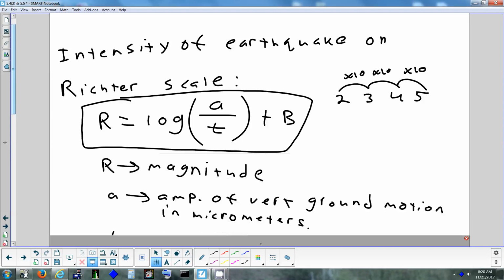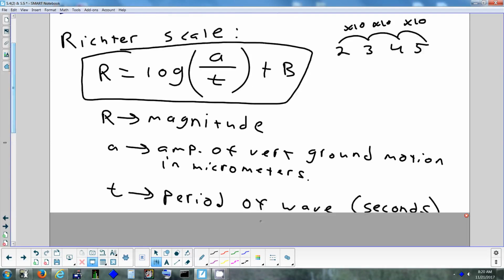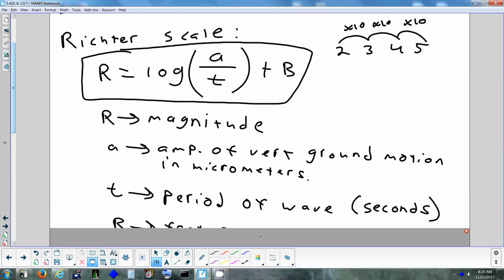So in that formula, R measures the magnitude. A is the amplitude of the vertical ground motion in micrometers. T is the period of the wave, the earthquake wave in seconds. So these are all factors that just measure and describe the earthquake.